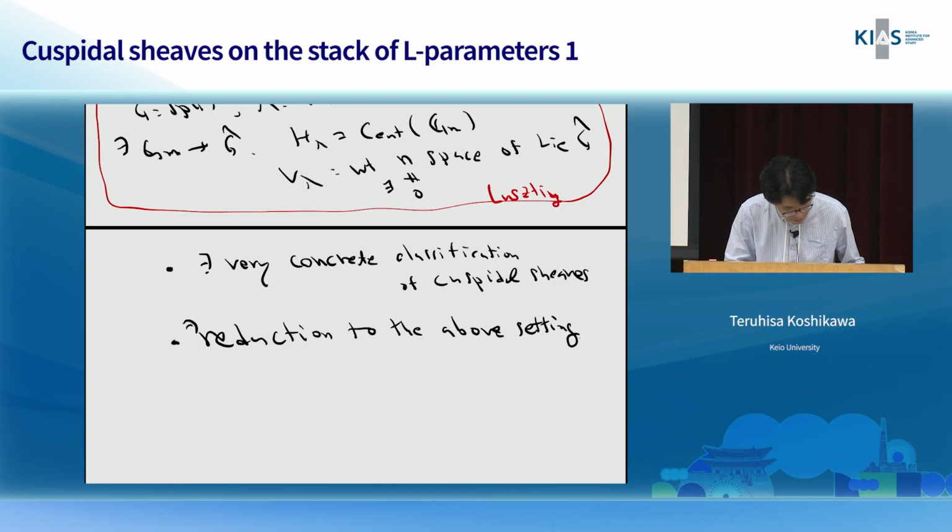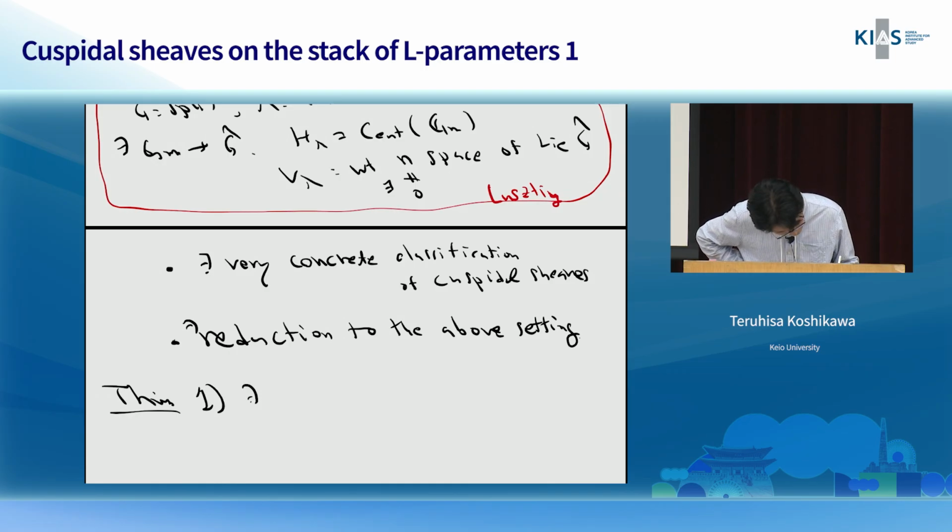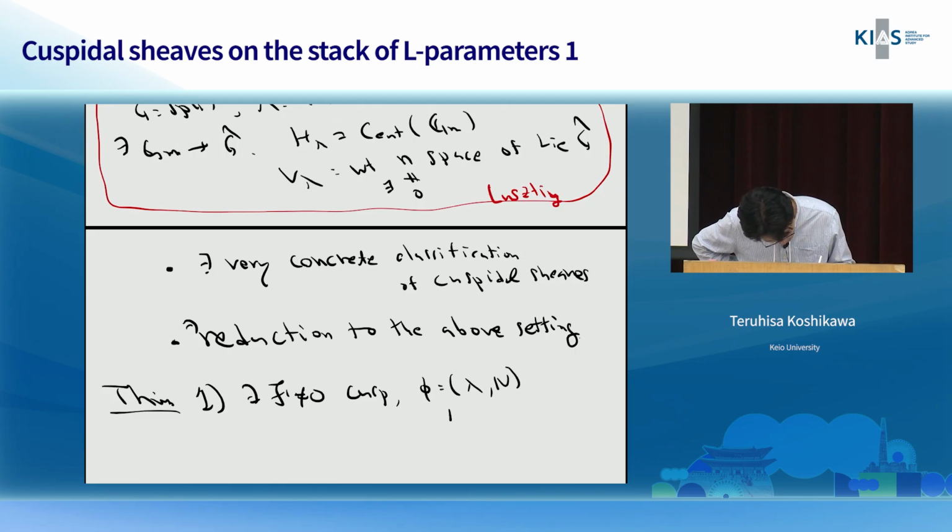So a theorem of Lusztig basically: if there exists a non-zero cuspidal sheaf, then phi, this Langlands parameter determined by lambda, is in the open orbit.